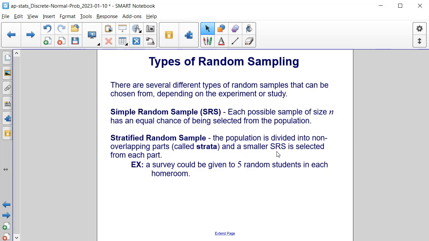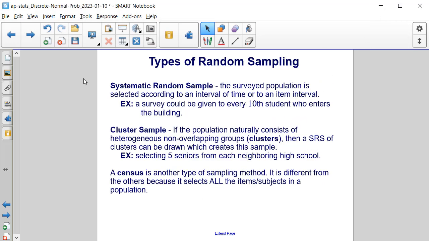And a smaller simple random sample is selected from each part. So for example, a survey could be given to 5 random students in each homeroom. The fact that they're using a homeroom separates the population into smaller, non-overlapping parts, and then 5 random students are chosen from each one.